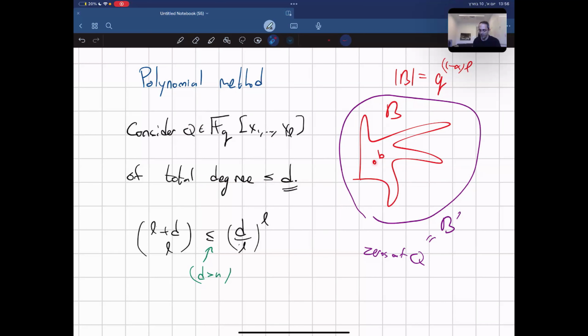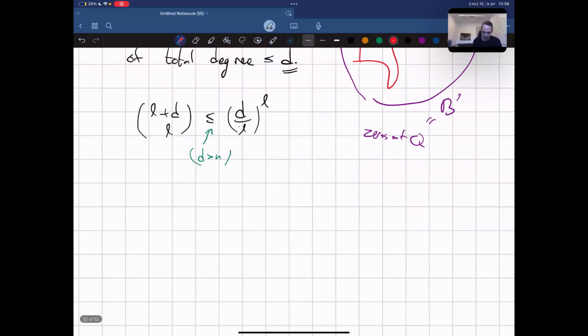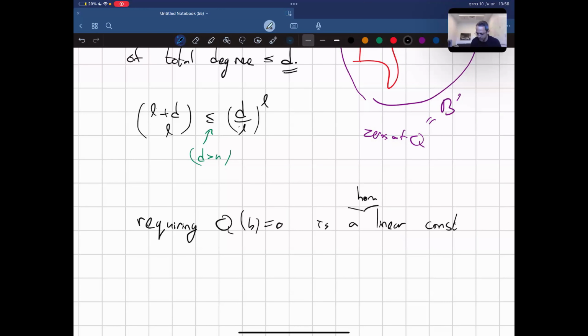So for every particular b, requiring that Q of b is 0 is a homogeneous linear constraint on Q's coefficients.